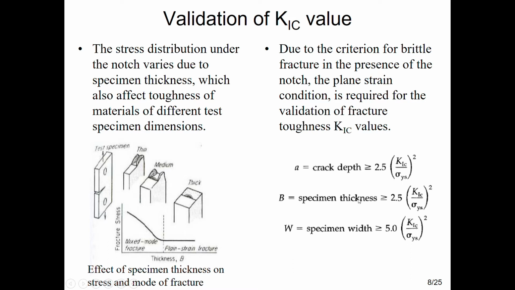B is the specimen thickness. So we must obey this rule. The specimen thickness must be more than this. Crack depth must be more than this. The specimen width must be more than this. Otherwise, you cannot use this term to assess the plane strain condition.